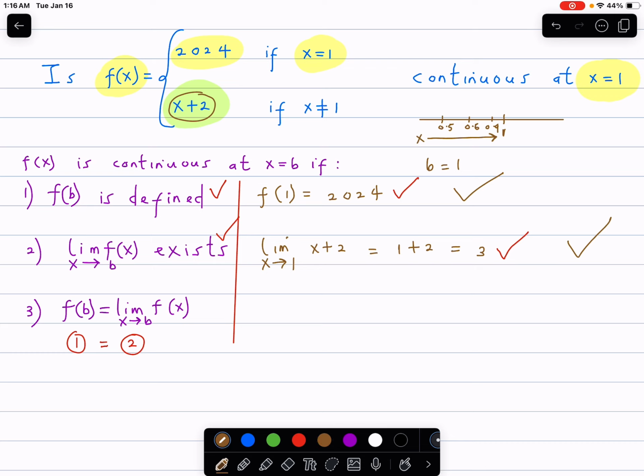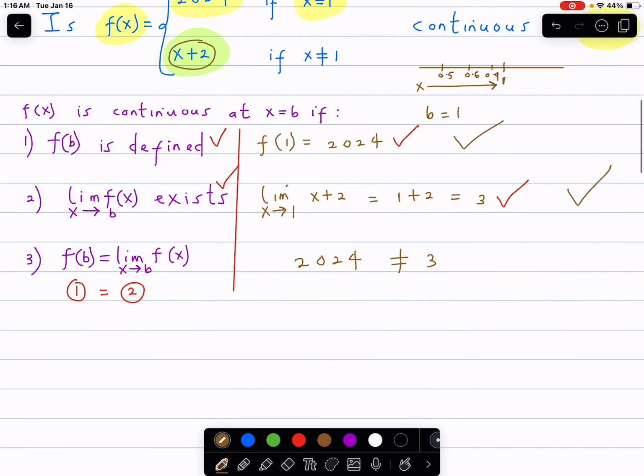No. 2024 is not equal to 3. So f of 1 is not equal to the limit of f of x as x approaches 1. So condition 3 does not hold.